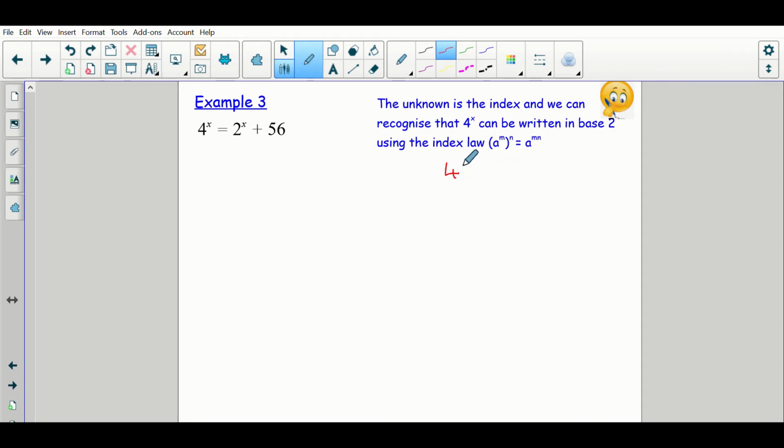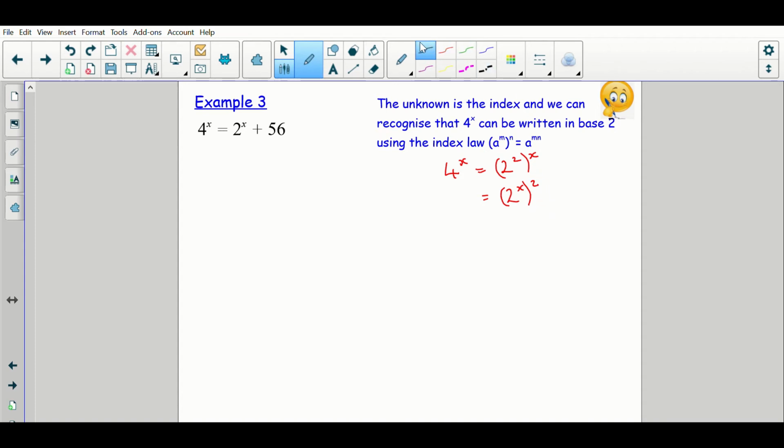So if we just write down here, 4 to the x can be actually written as 2 squared to the power of x, because the 2 squared would give us the 4, and then we're writing it to the power of x. But because I'm multiplying the powers here, that's actually the same as 2 to the x squared. And that's what we're going to use here.